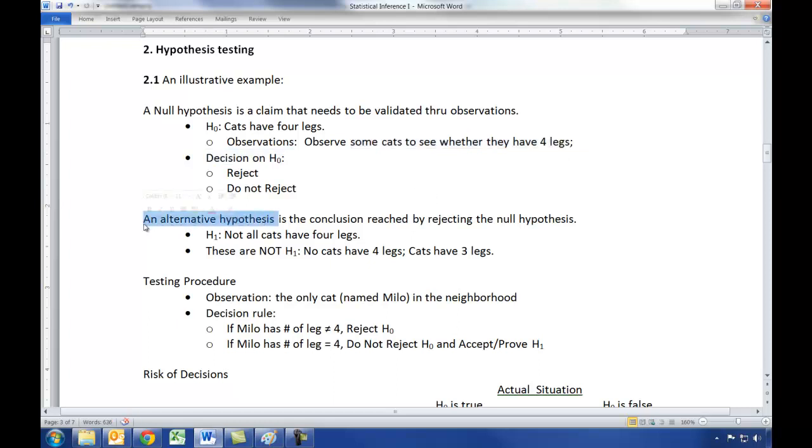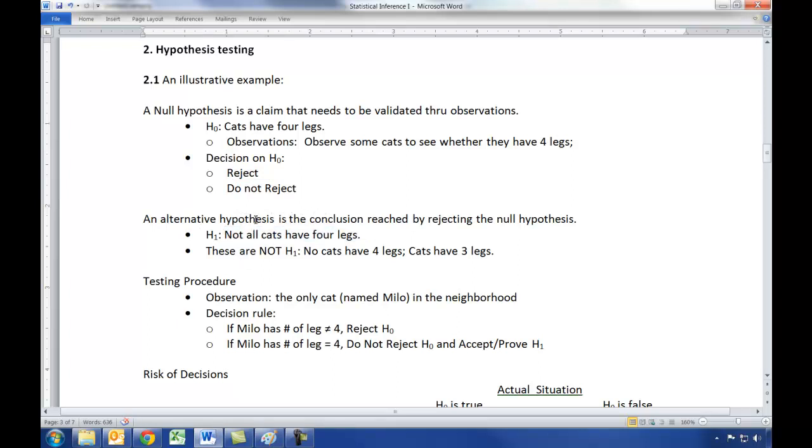The second terminology is the alternative hypothesis, which is the conclusion that we will reach if we reject the null hypothesis. Using this example, the null hypothesis is cats have 4 legs. If we reject that claim, then the conclusion we will reach is not all cats have 4 legs.